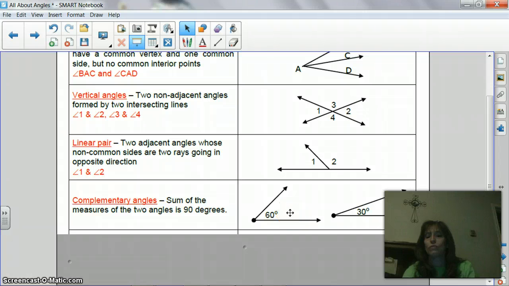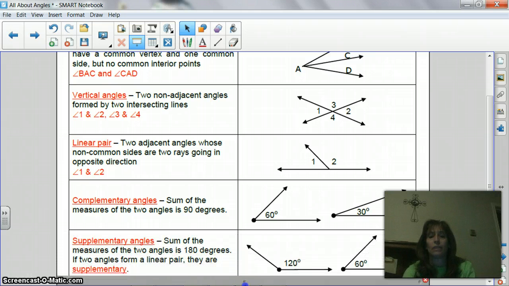Complementary angles do not have to be together, but they could be together. So, for instance, I've got this one that's 60 over here, and then I've got this one that's 30. But together they add up to 90, so I know that they would be a complementary pair, complementary angles, even though they don't share a common ray.